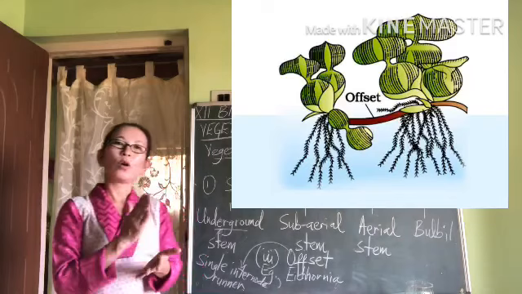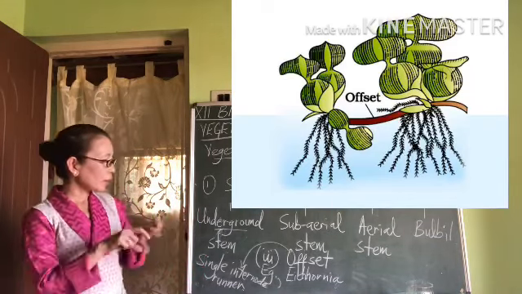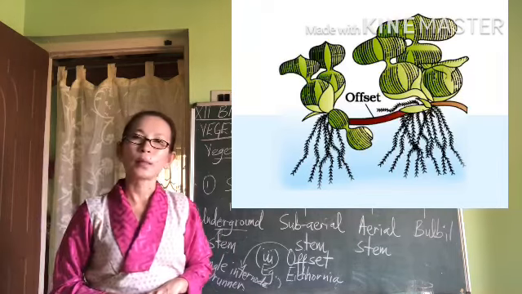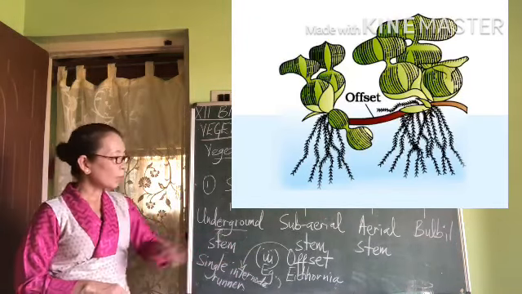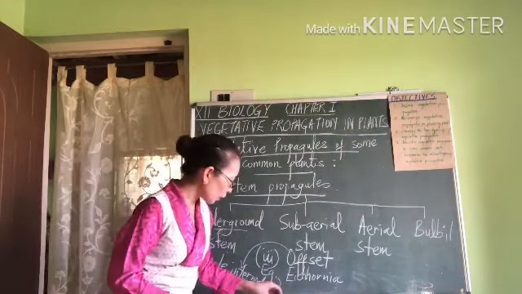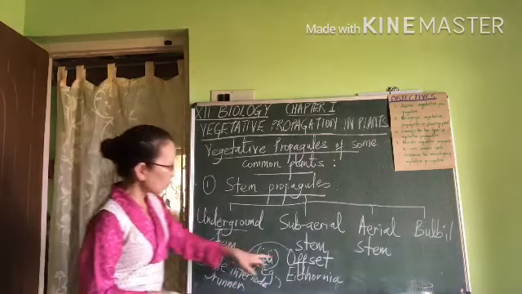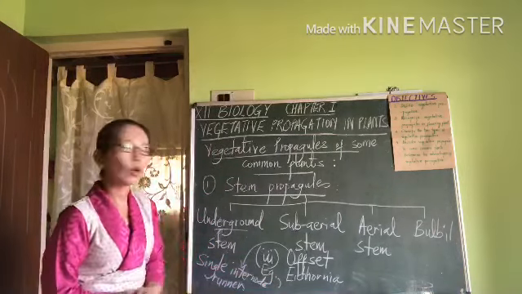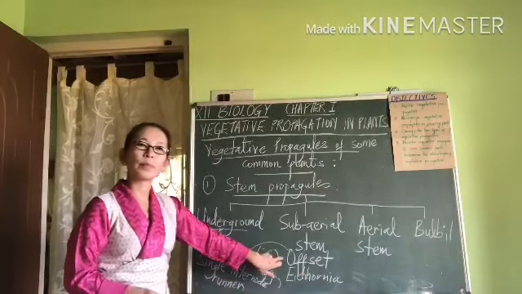So if we have a cut of the stem from the internode, the cut piece of the offset can also give rise to a new Eichhornia, or it can even form a new water hyacinth. So this kind of vegetative propagule or subaerial stem in the water hyacinth is an offset, right?